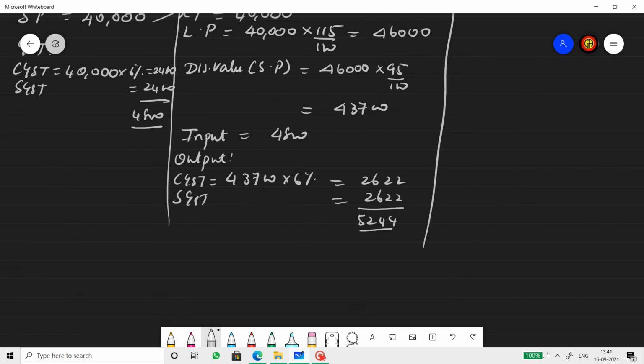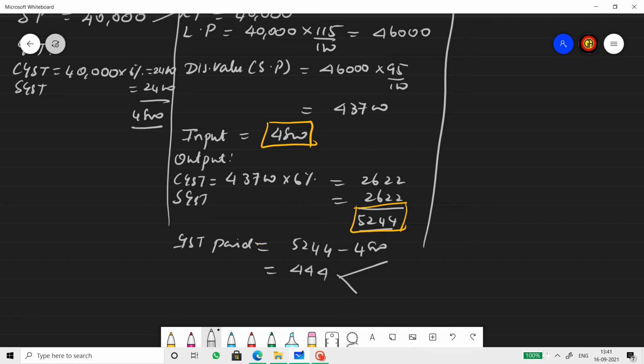So the net GST paid by this party will be output minus input. Output is 5244 and input is 4,800. So here the difference is 5244 minus 4,800, which is 444, in which half will go to the state government and half will go to the central government.